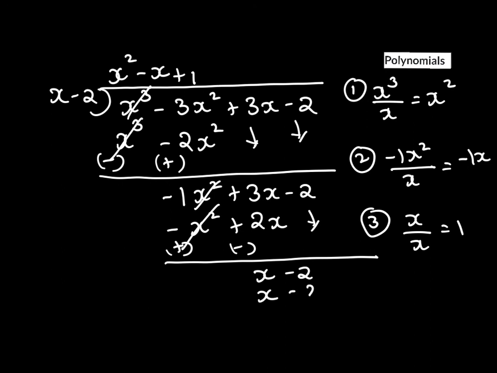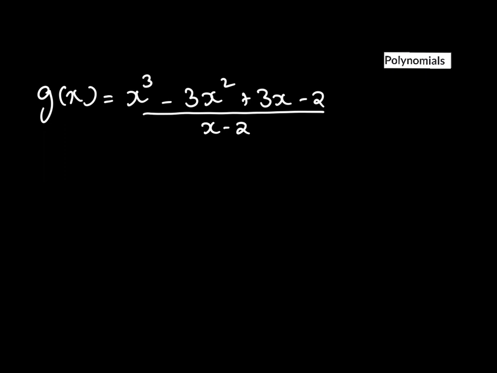Minus 2 times 1 is minus 2. Subtract. And the remainder is 0. So x^3 - 3x^2 + 3x - 2 when divided by x - 2 is x^2 - x + 1. So when we divided the polynomials, we got the quotient as x^2 - x + 1. So we found out that g(x) is equal to x^2 - x + 1.